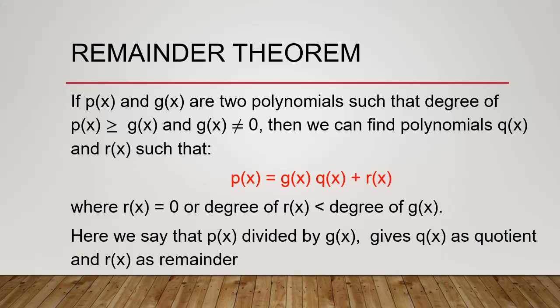So we can say that when we divide p of x by g of x, it gives quotient as q of x and remainder as r of x.